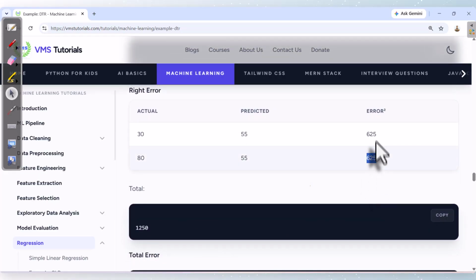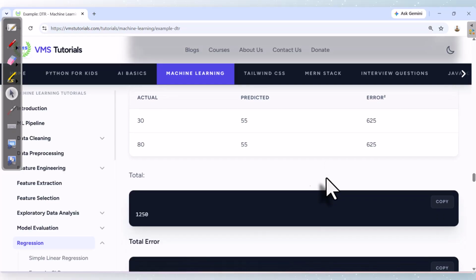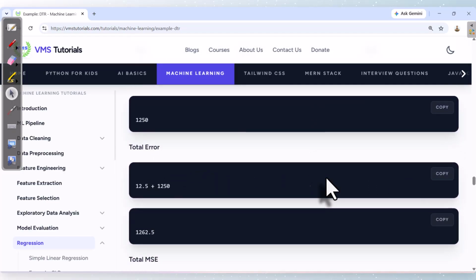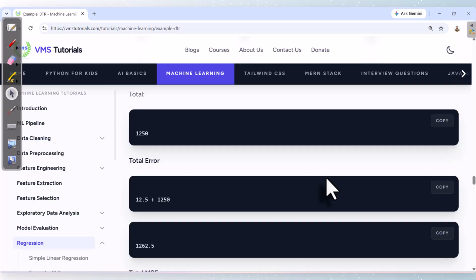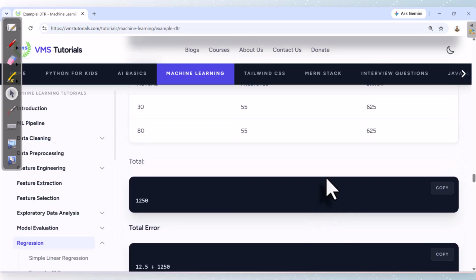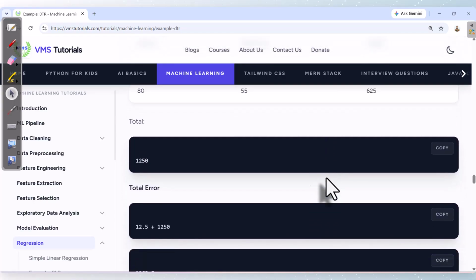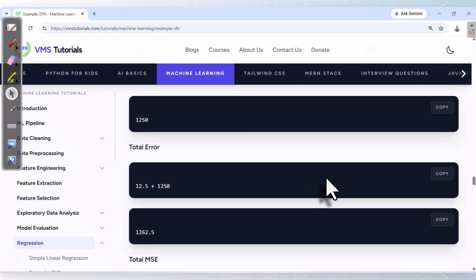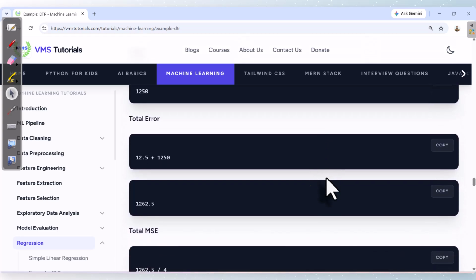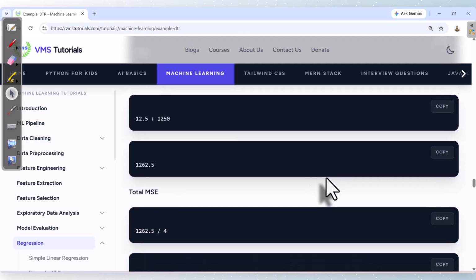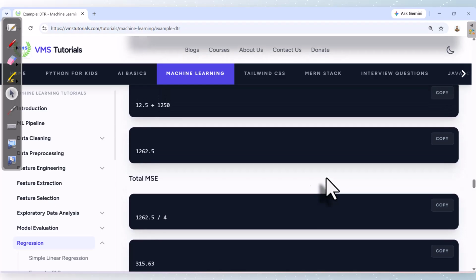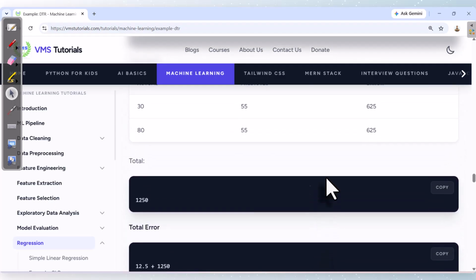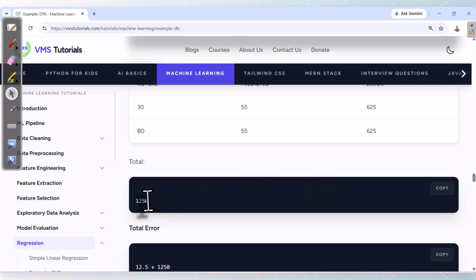Now 625 plus 625, 1250, divided by 2. So you can calculate the total error here. Try to understand, 1250, this is the total error.